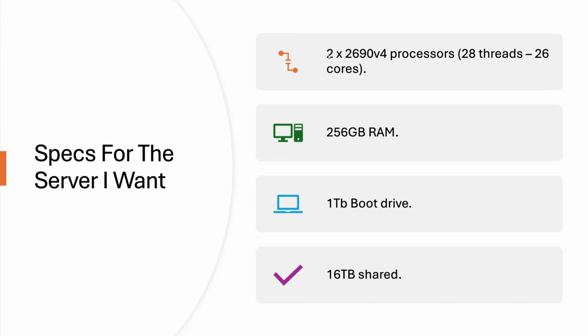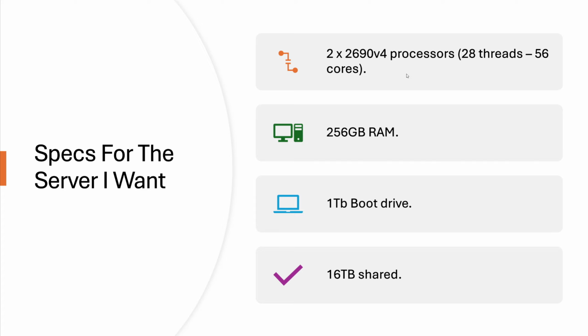So the server I want to buy has 2 processors. Typically speaking, mobile phones, tablets, laptops, consumer level stuff only has 1 single processor, but has multiple cores. But servers have 2 processors. The one I want has 2 2690 V4 processors, and these are Intel processors.